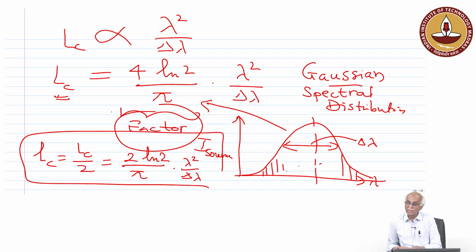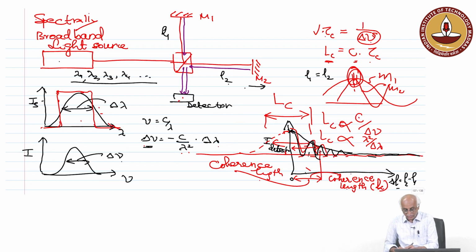Is it fine? Okay. So, what it means physically, if I start moving the mirror in the previous case, I start moving this mirror M2, this is a light source which is a broadband light source with a spectral width delta lambda, or in terms of frequency, delta nu.